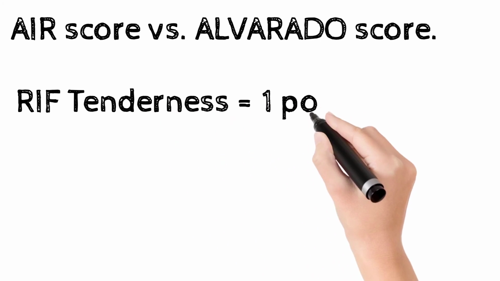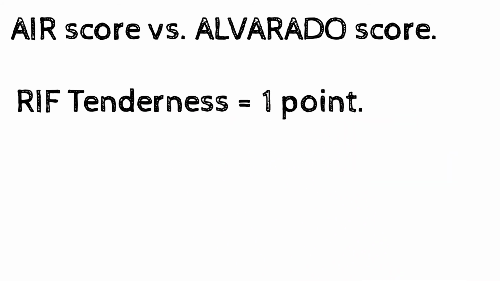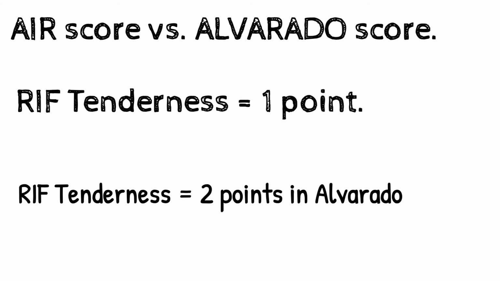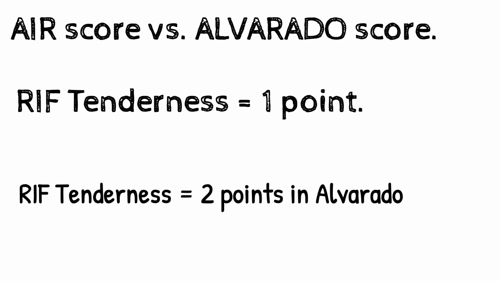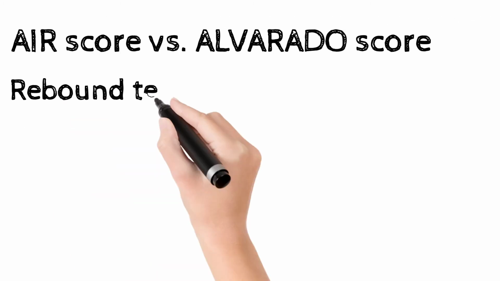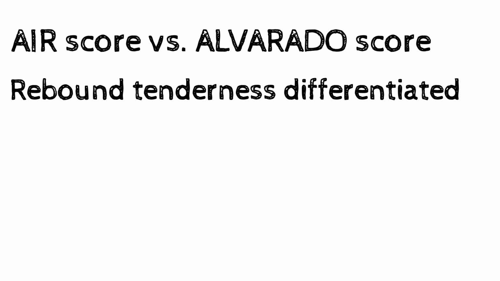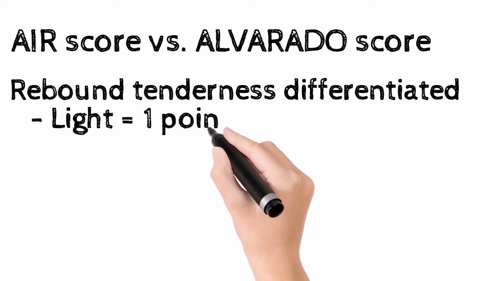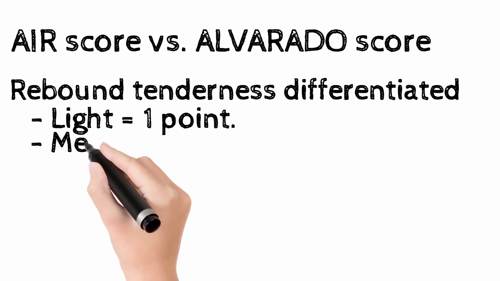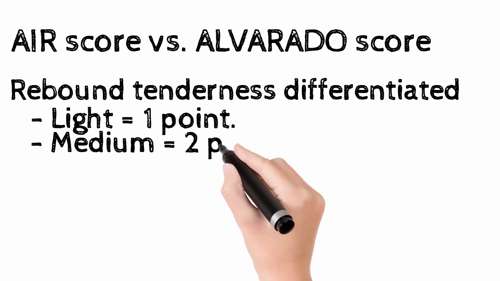Now, with regard to the right iliac fossa tenderness, in the AIR score, right iliac fossa tenderness is given 1 point. You remember that right iliac fossa tenderness was given 2 points in the Alvarado score. Now, rebound tenderness is differentiated in the Appendicitis Inflammatory Response score according to severity.